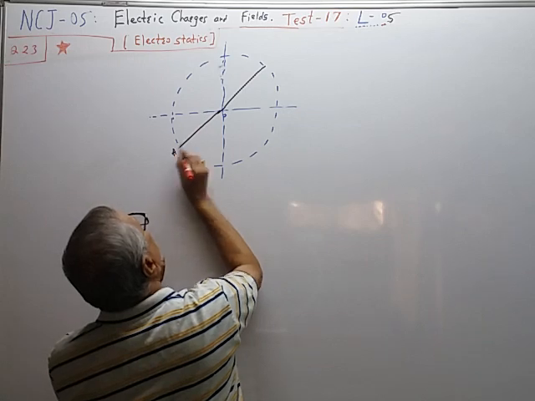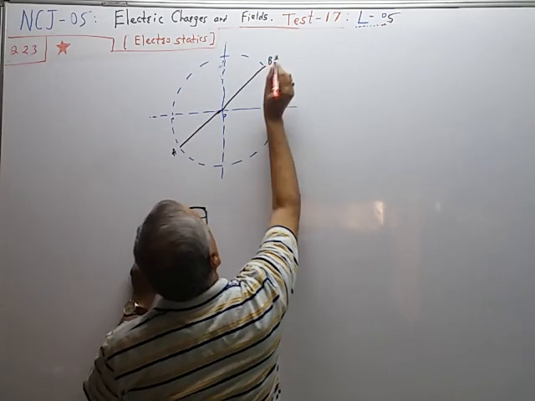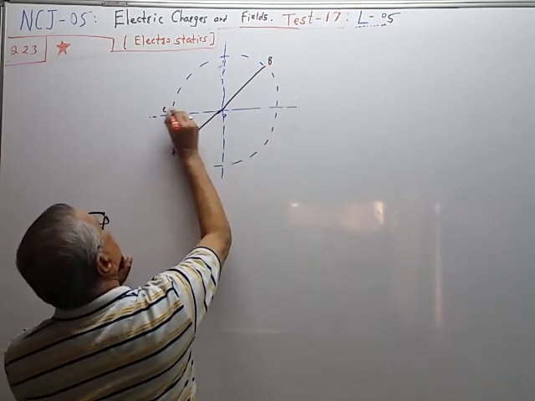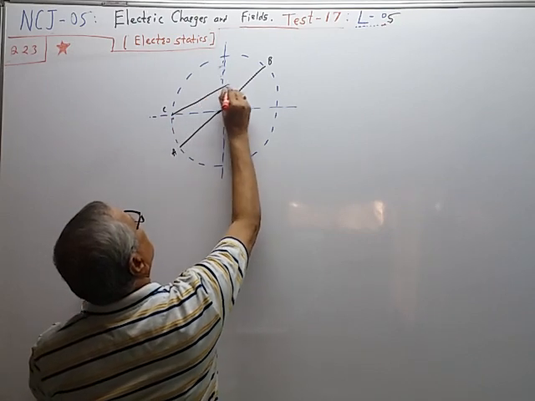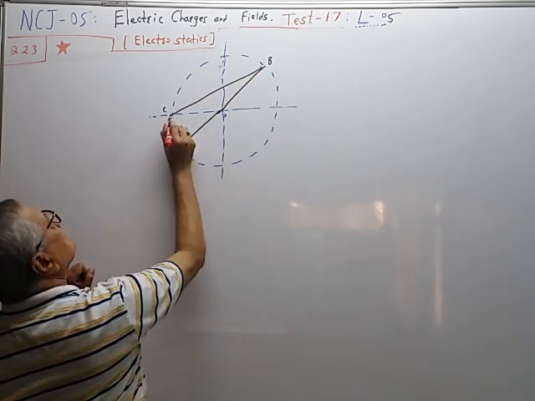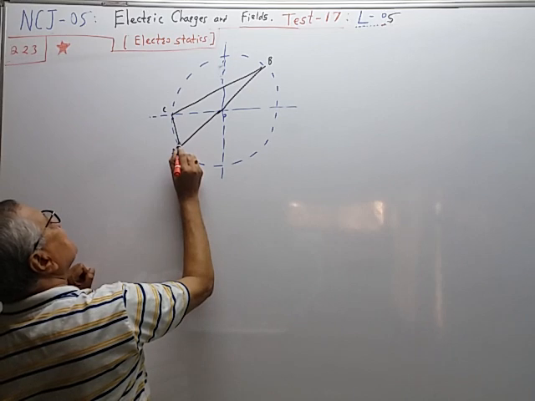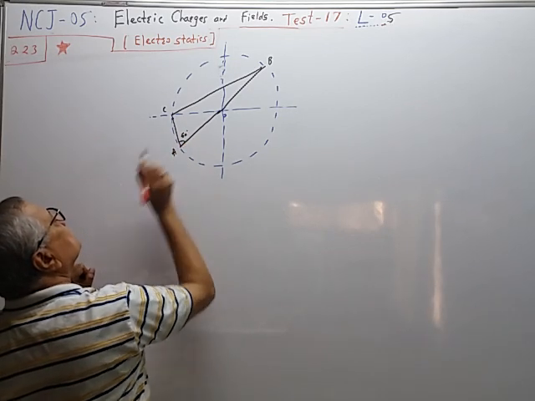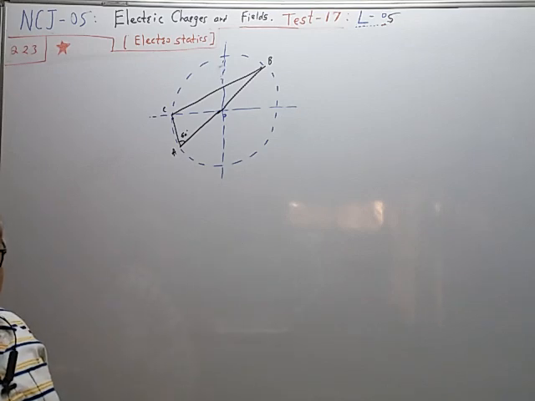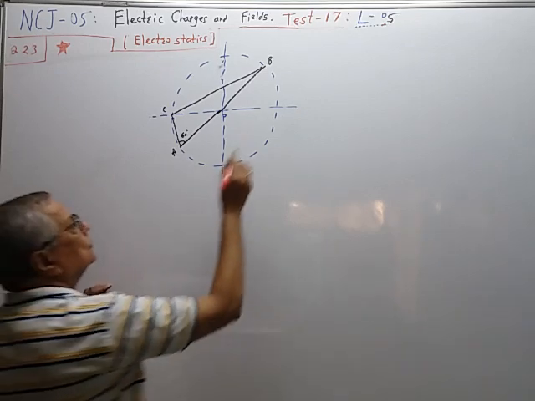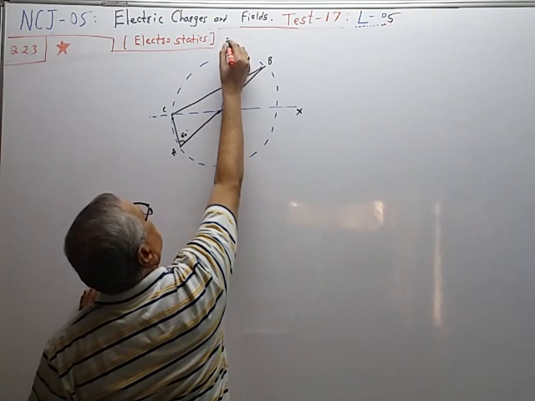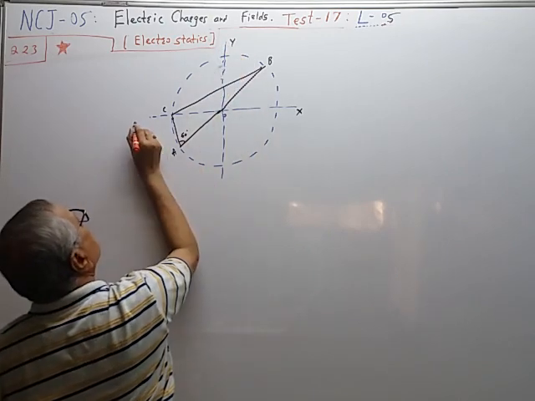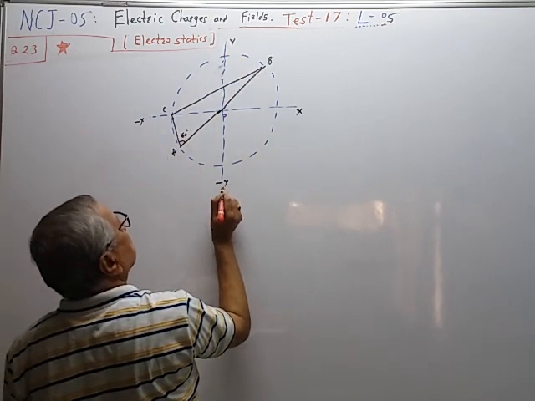A, B, and this is C. This angle is given 60 degree. Theta is equal to 60 degree. So this is x-axis, this is y-axis, this is minus x-axis, minus y-axis.